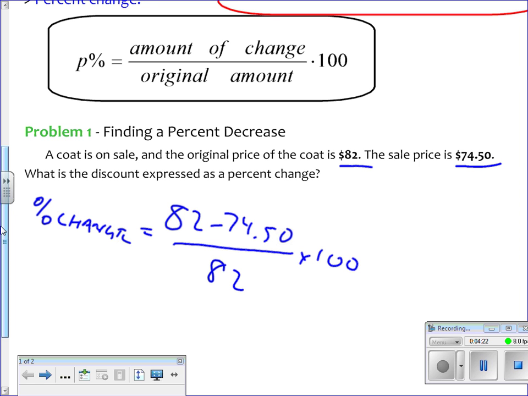That's why I said, use your calculator. Take 82 minus 74.50. Divide that by 82. And then multiply that times 100.